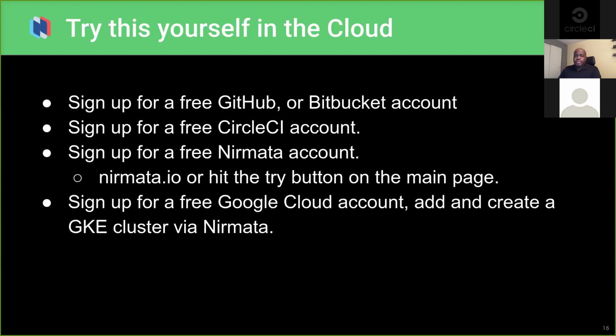Go to nirmata.io or hit the try button on the main nirmata.com page. Sign up for a free Google Cloud account, and you can add and create a GKE cluster via Nirmata. Just be careful you don't exceed your free limits. And you can be up and doing this in 3 or 4 hours, depending on how experienced you are with Git and Google Cloud.